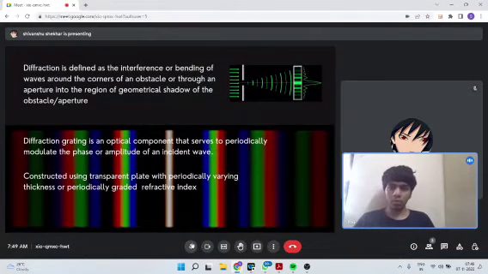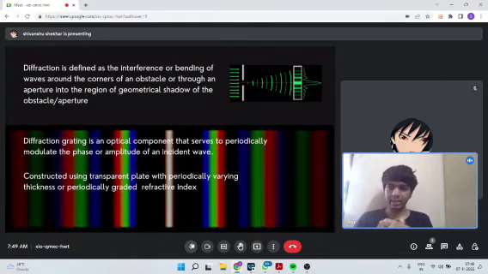A few of the phenomena which only wave optics can explain is diffraction. Diffraction is some sort of bending of waves around the corners of an obstacle. In these cases, the obstacle size is very much comparable to the wavelength of the light.